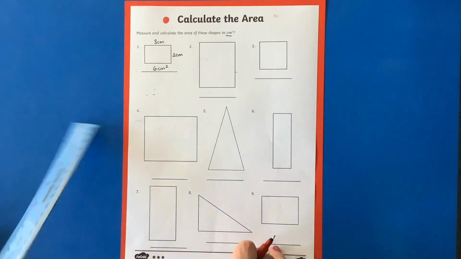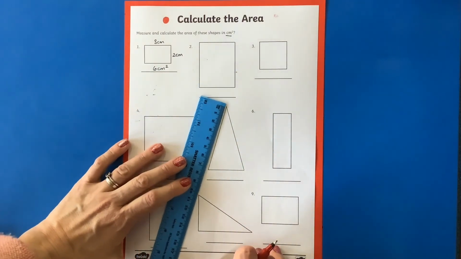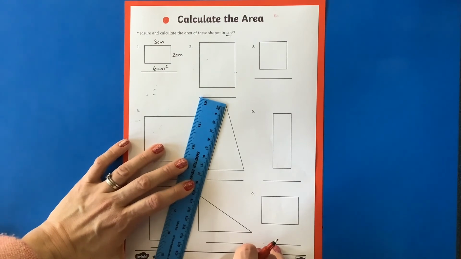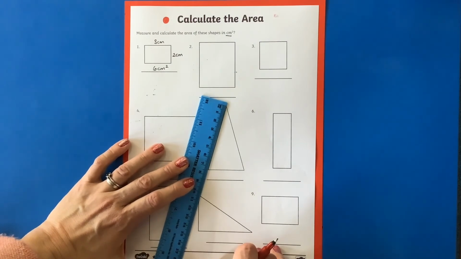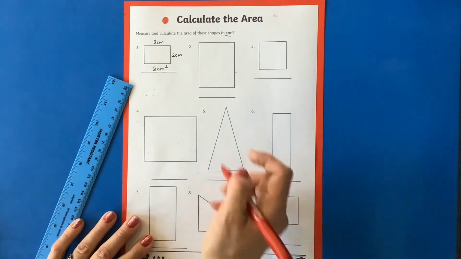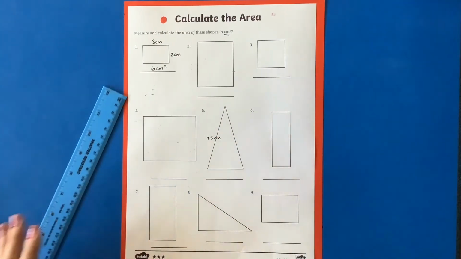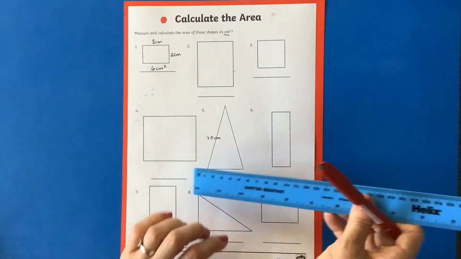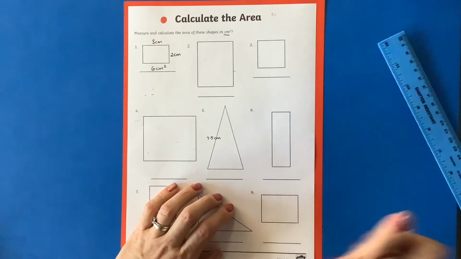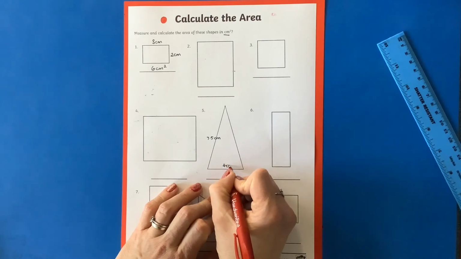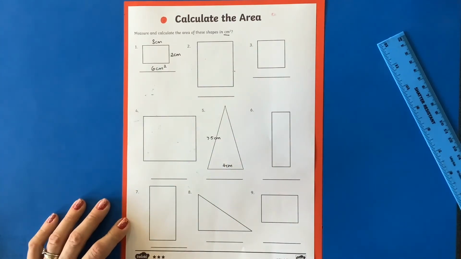So for example, if I measure this one, seven and a half centimetres by 4 centimetres. Oh, that's tricky. 7.5 times 4.